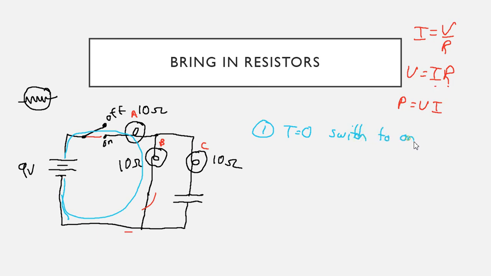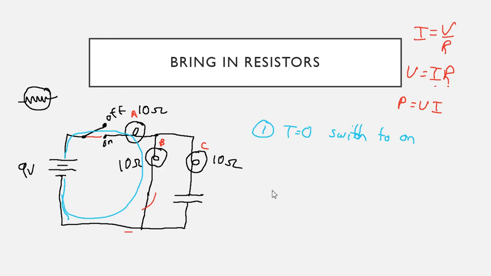As soon as we put that switch on, if the capacitor isn't charged at all, it's easy for charges to build up on it. It offers no resistance, or doesn't affect flow at all, as soon as I close the switch. So I basically have 10 ohms here, and I have these two 10 ohms in parallel.